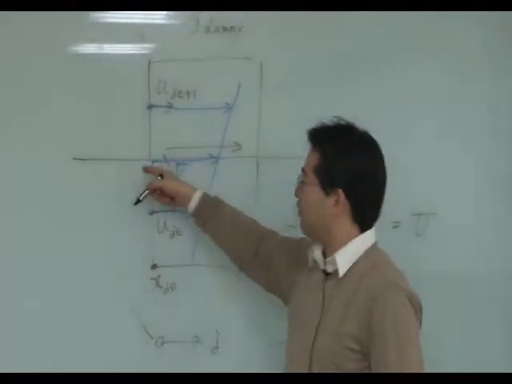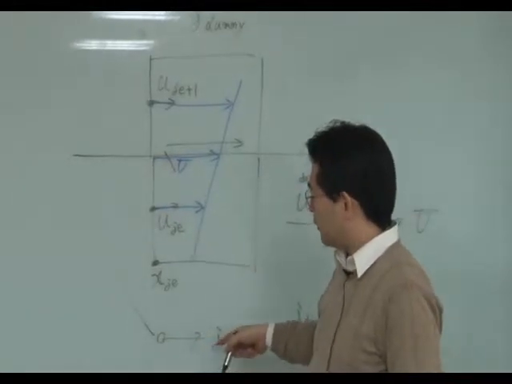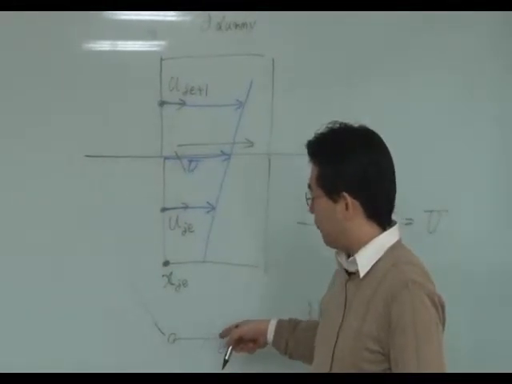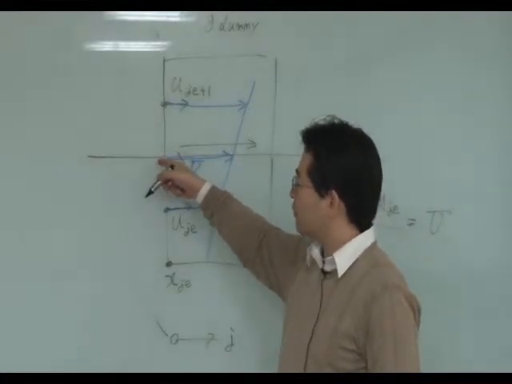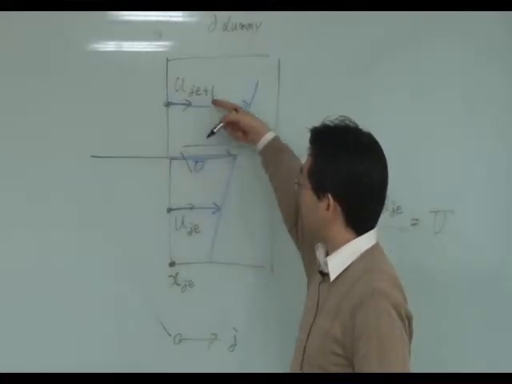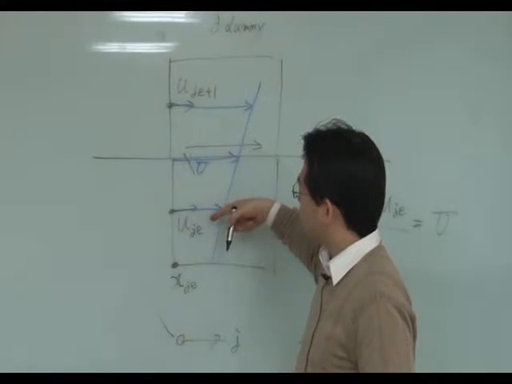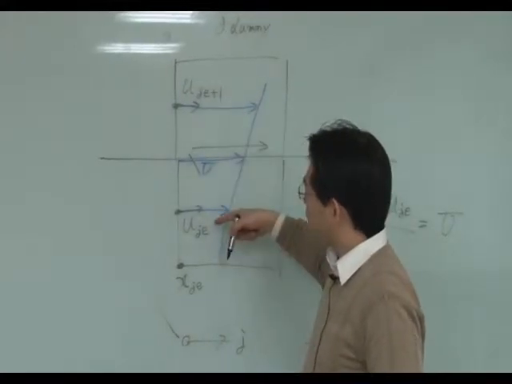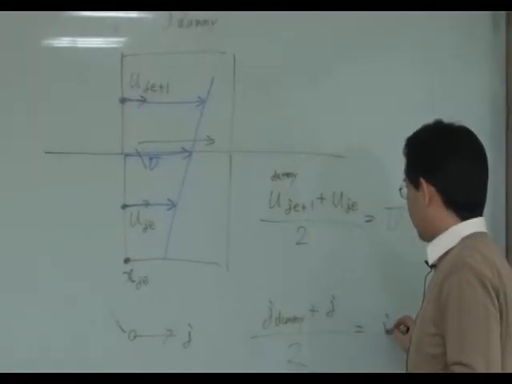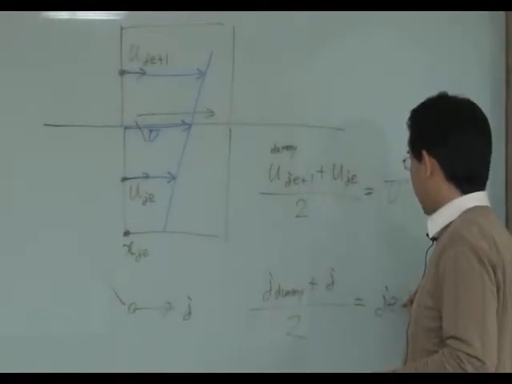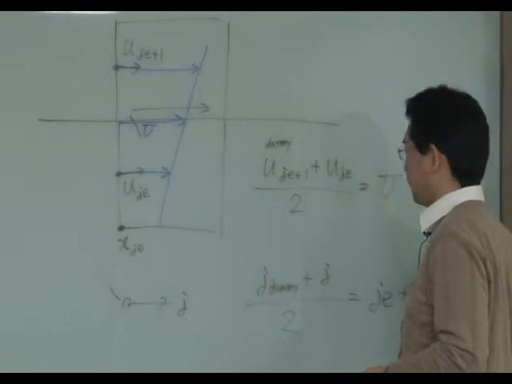virtual position. If the U component is on this surface, its index should be between these two, between JE and JE plus 1. So it should be JE plus 1/2.